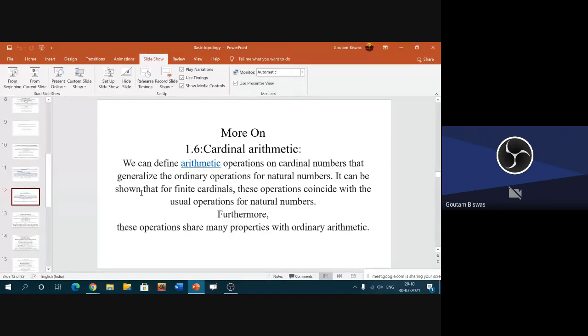It can be shown that for finite cardinals, remember this fact, these operations coincide with the usual operations. Furthermore, these operations share many properties with ordinary arithmetic. That means ordinary arithmetic and cardinal arithmetic remain the same when the cardinality is finite. That must be remembered.